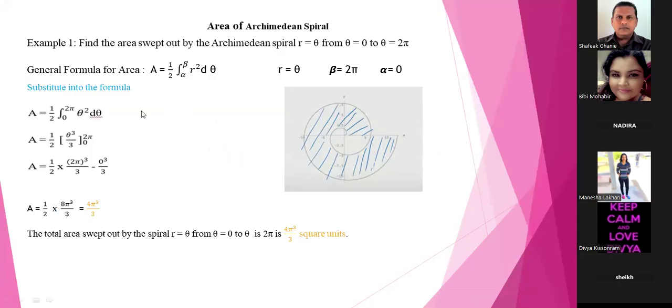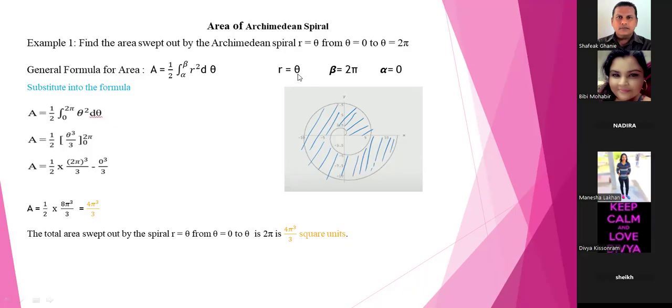We have example 1. Find the area swept out by the Archimedean spiral r equal theta from theta equals 0 to theta equal to 2 pi. Now the general formula for the area, we have area is equal to half the integral from alpha to beta of r squared with respect to theta.